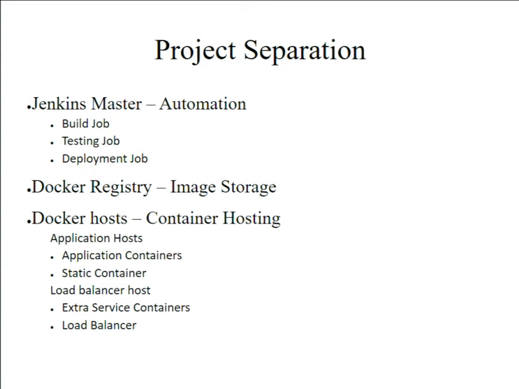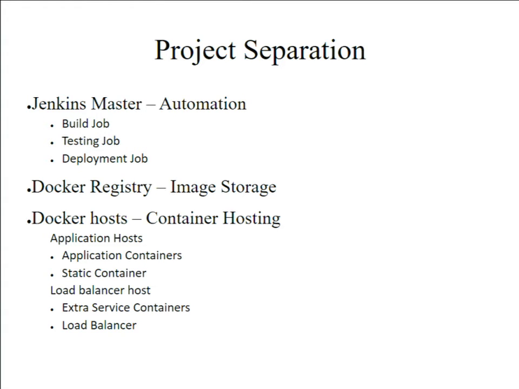So project separation, I've touched on it a little bit, but I'll go a little more in depth here. For the project separation, we have our Jenkins master, which is kind of the automation overlord. It takes care of everything. Under the Jenkins master, we have two of the top and bottom chunks for each environment.